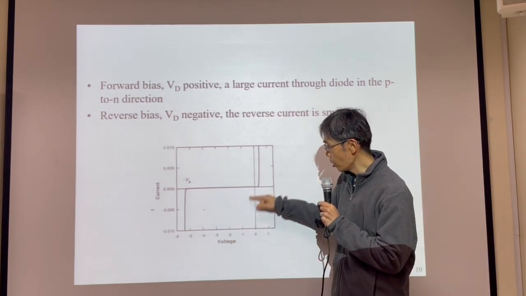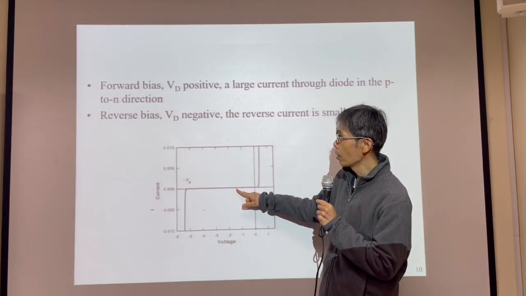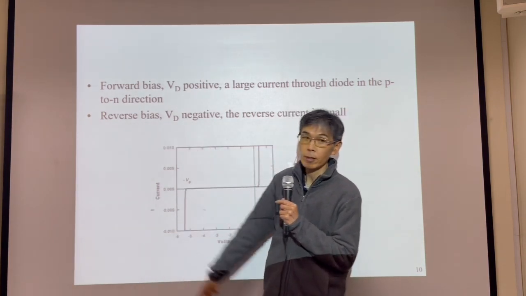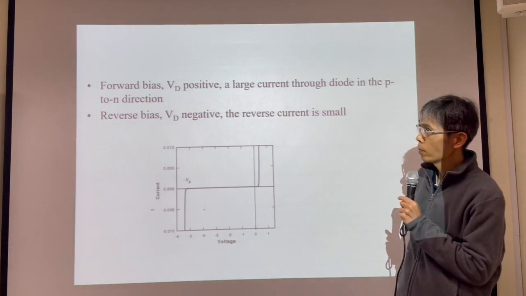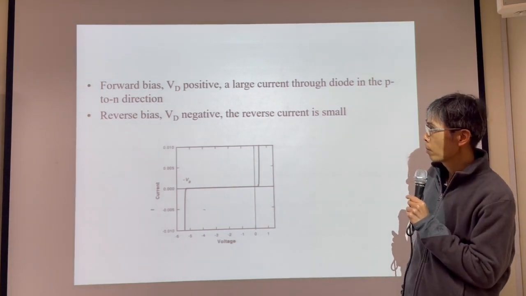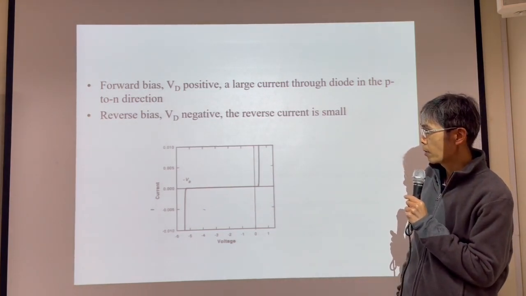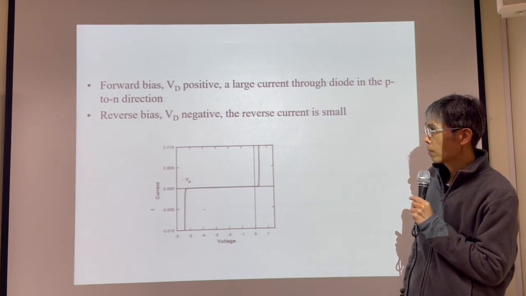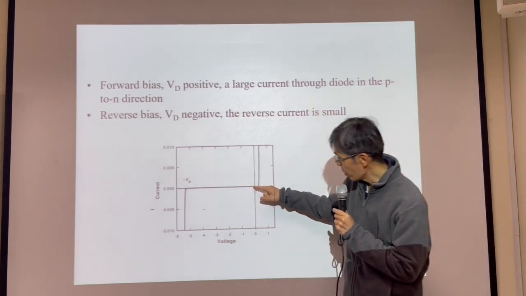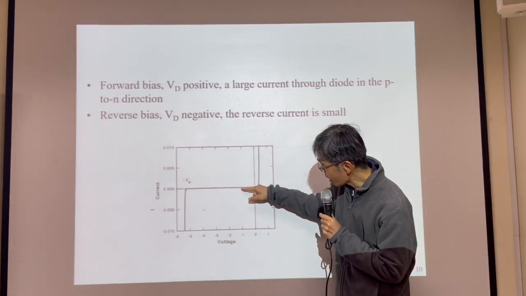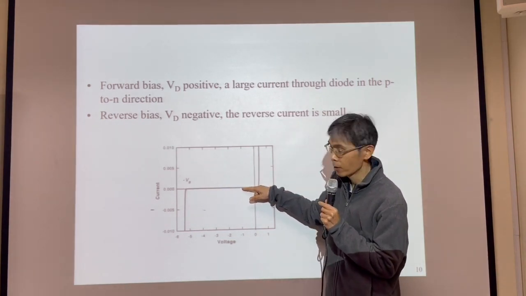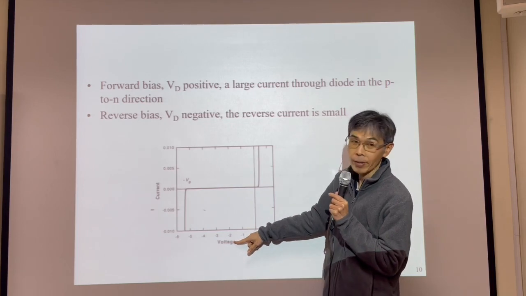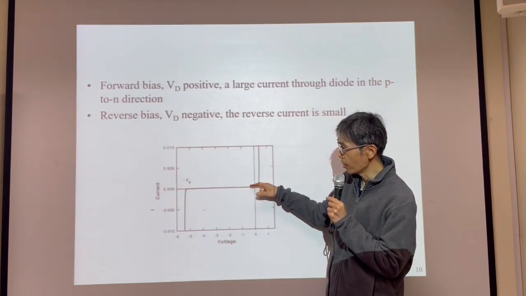And if the voltage is negative, we call this reverse bias. Could you read this? Reverse bias, VD negative, the reverse current is small. Yes. Here it's not zero, it's a very small value, almost zero, if the voltage applied to the diode is negative.